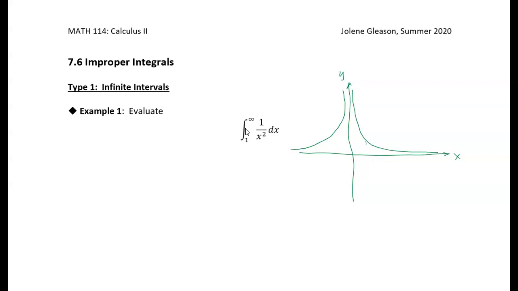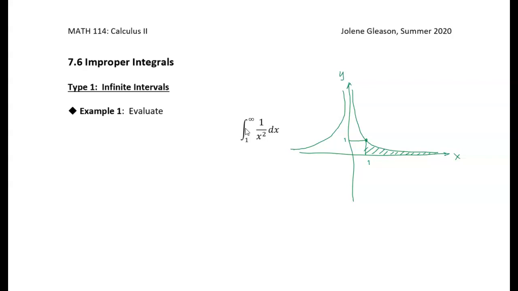And of course, 1 over 1 squared is 1, so we have this point (1, 1). And we're trying to find essentially the area under the curve between 1 and infinity. And this area keeps getting smaller and smaller as x gets larger. But the question is, are you really going to get a finite value?